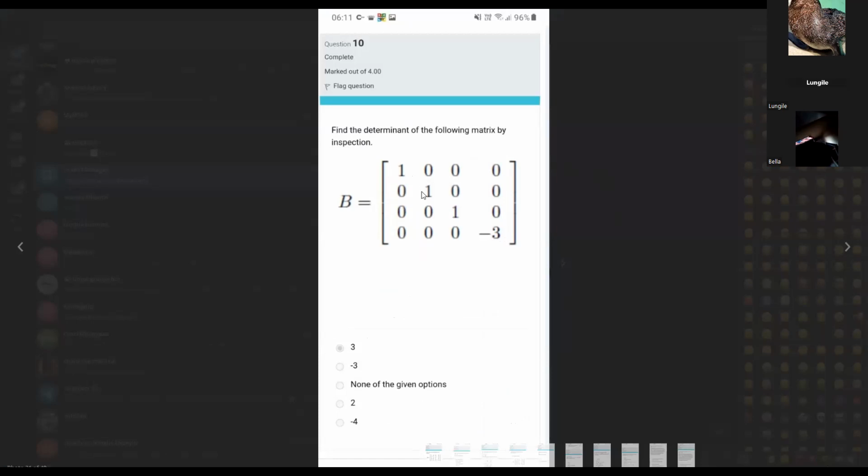Yeah, my internet is bad. But what is the answer here? Find the determinant. Can you hear me? Yes, we do. What's the answer here? It's -3. Yeah, the answer is -3.